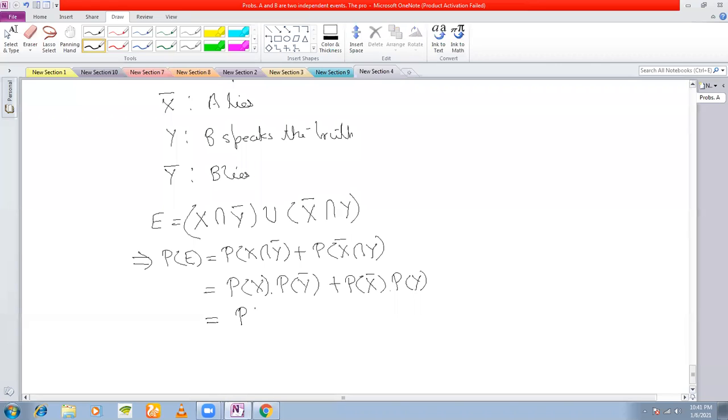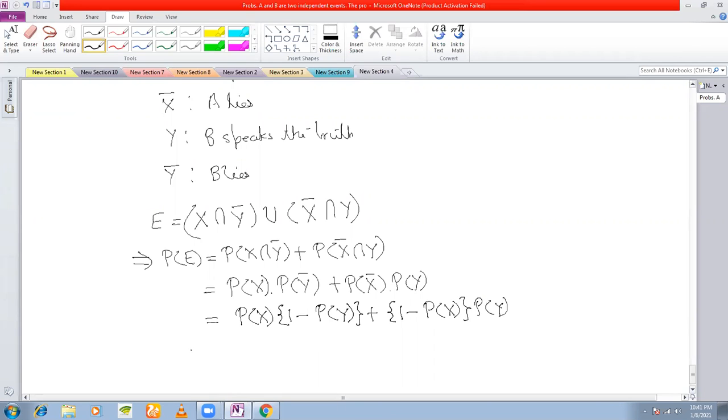PY bar is nothing but 1 minus PY, right? And PX bar is 1 minus PX.